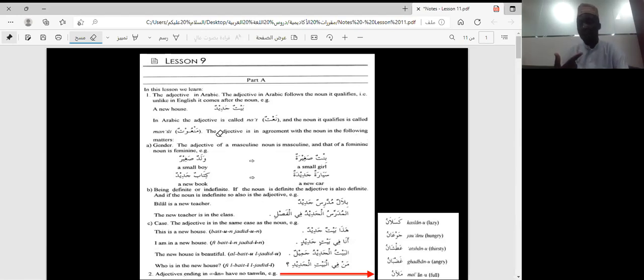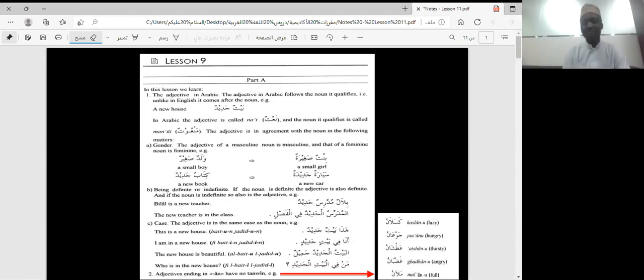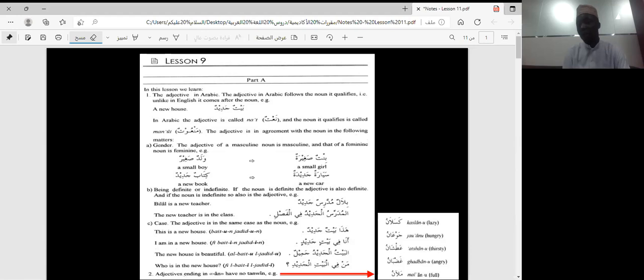Qalamun is masculine or feminine? Who can answer that? Masculine. Okay, I want to say now, a new pen. How do I say it in Arabic? Qalamun jadidun. Do I say qalamun jadidun or qalamun jadidatun?